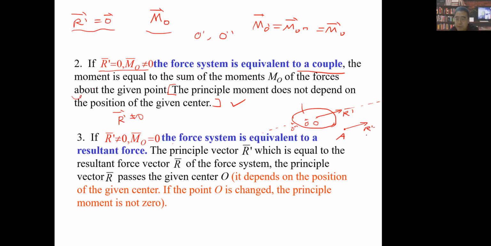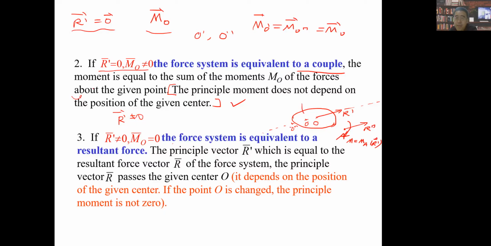We denote it with R double prime. And we also should add a couple, which equals the moment of R prime about this point. So this M will equal MA of R prime. So this couple plus this R double prime is equivalent to R prime.